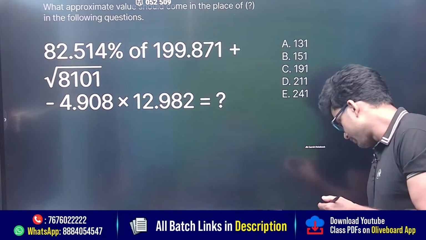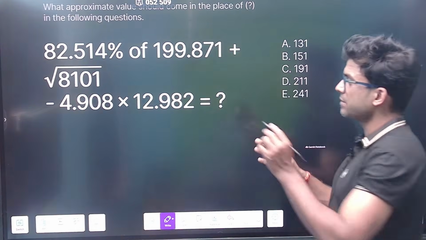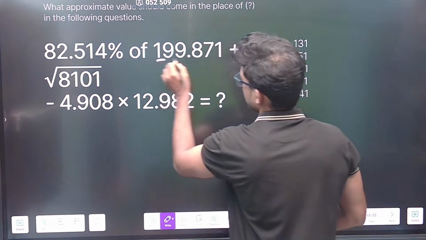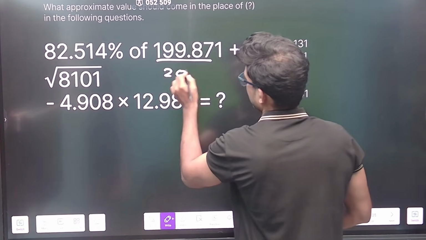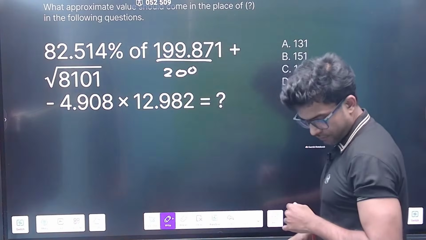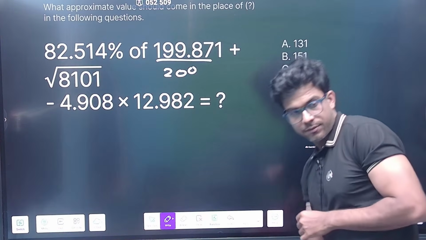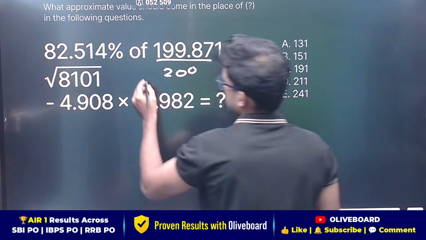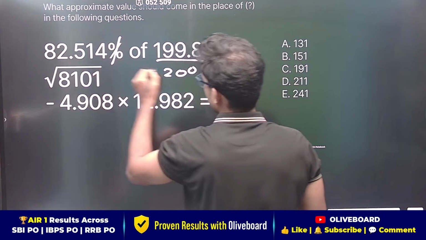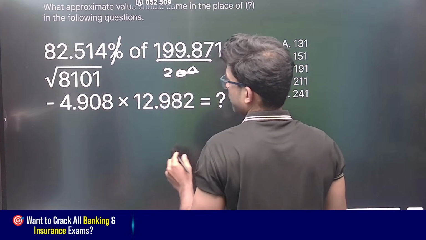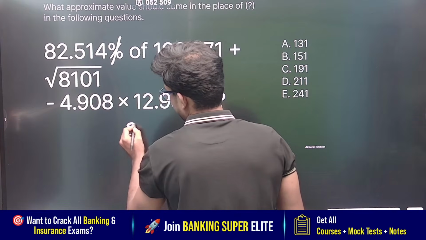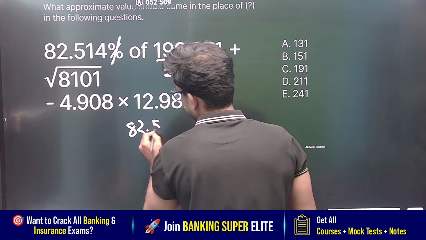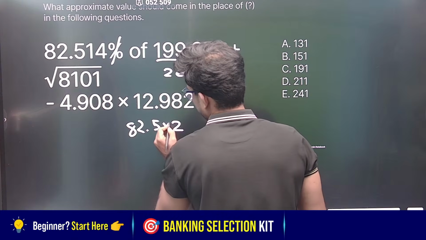First of all, guys, can I take this as 200? First of all, remember this is 200 and this is multiplied by percent. This 200 and this percent and 20 will get cancelled out. This is nothing but 82.5 multiplied by 2.